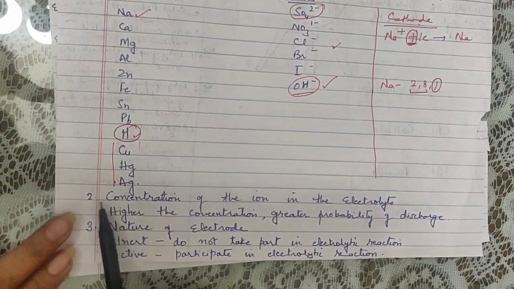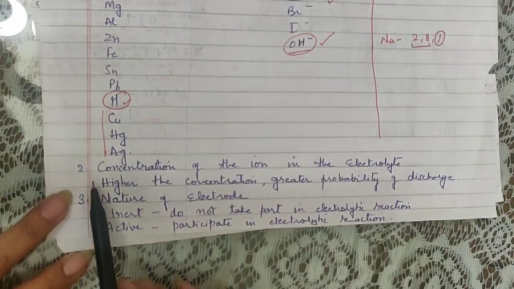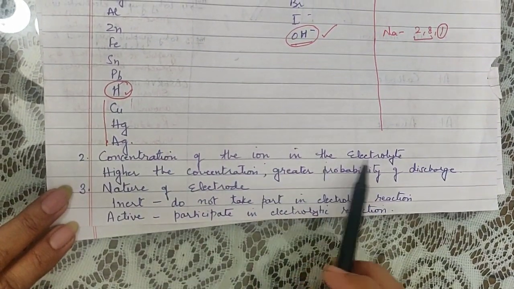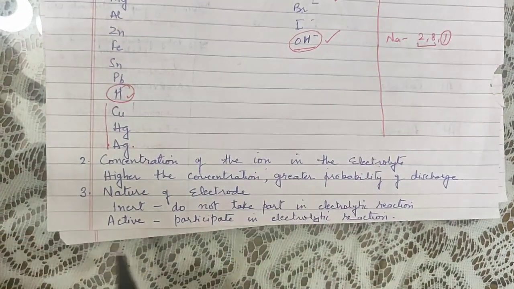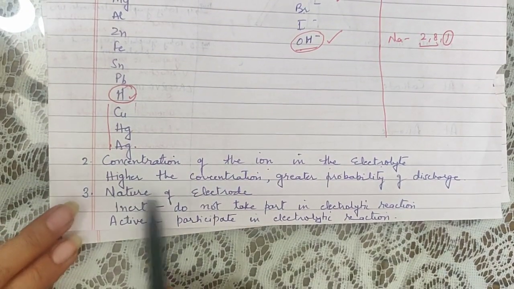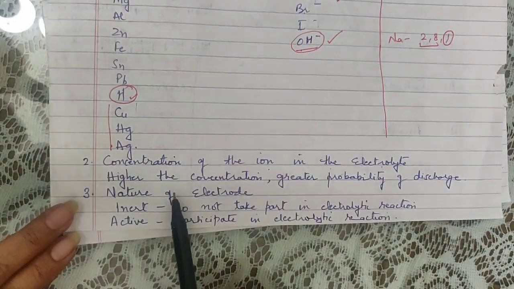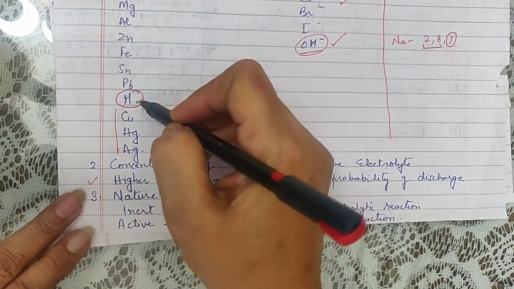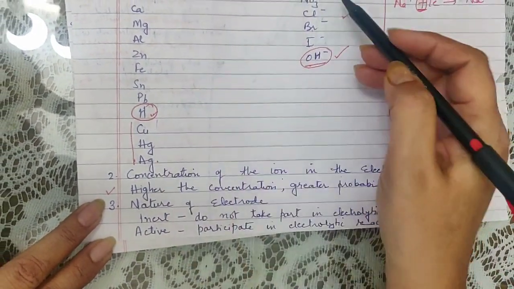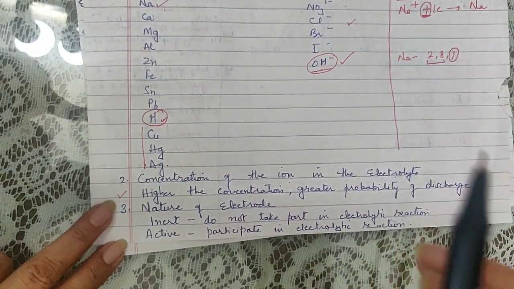The second factor which governs the selective discharge is the concentration of the ion in the electrolyte. Whichever ion is in more concentration, is more in number, has a greater probability of discharge. Now in this case, suppose we have sodium and hydrogen as cations and sulfate and hydroxy as anions.